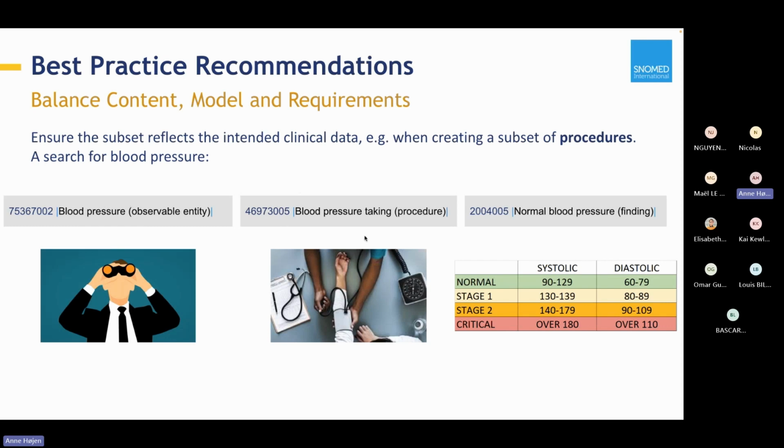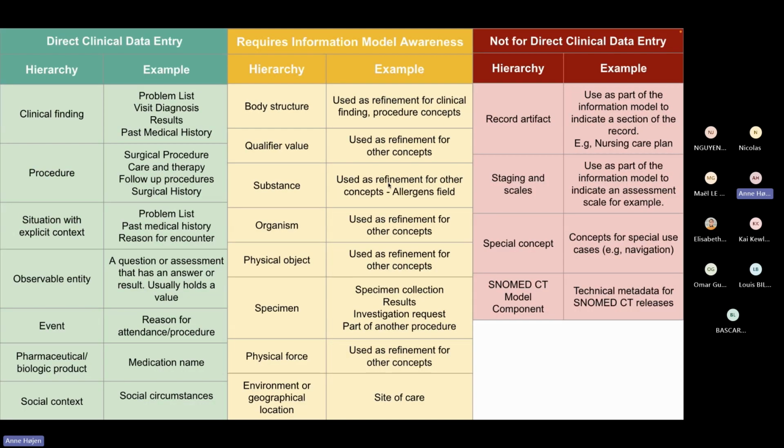The blood pressure taking is the procedure of taking the blood pressure, so that would be good. And normal blood pressure is the result of performing the blood pressure measurement. So if you have a value set of procedures, make sure that you only use procedures.